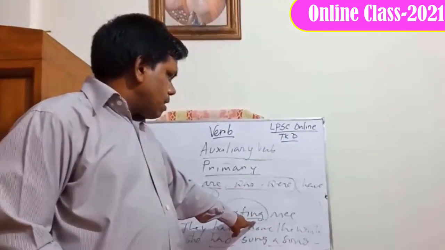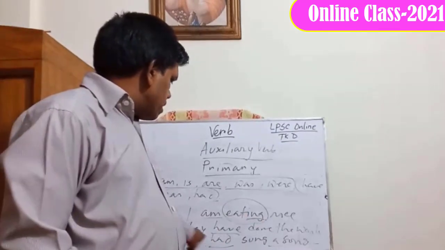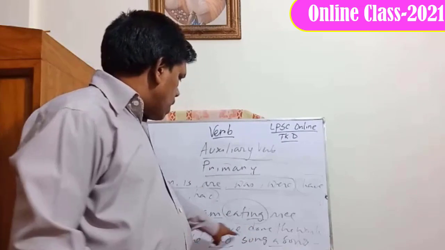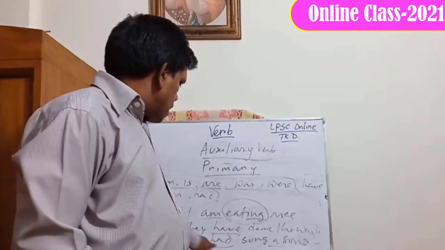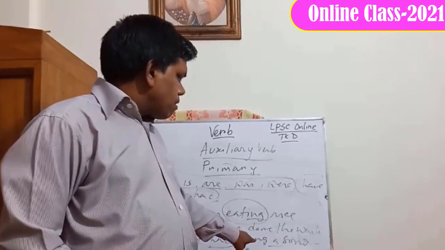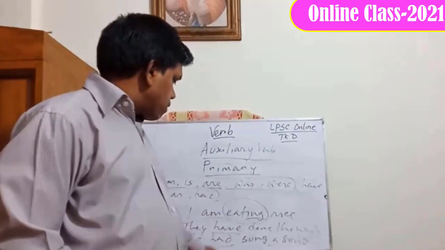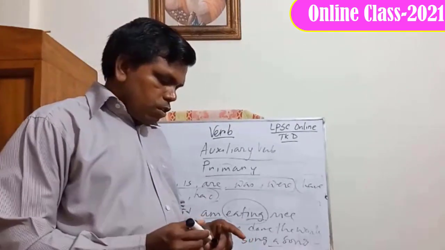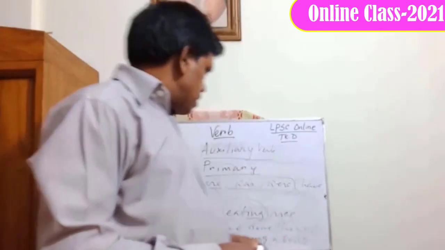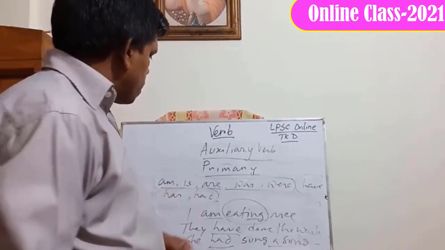It has taken ing: I am eating rice. They have done, not do. Do has changed here. Has done, past participle. She had sang a song. Sang is taken from sing, the past participle form, because to make this sentence meaningful, it has changed. So, what is the main feature?